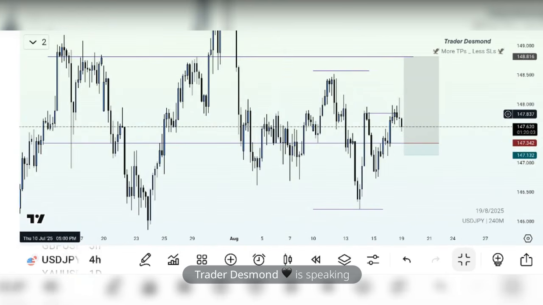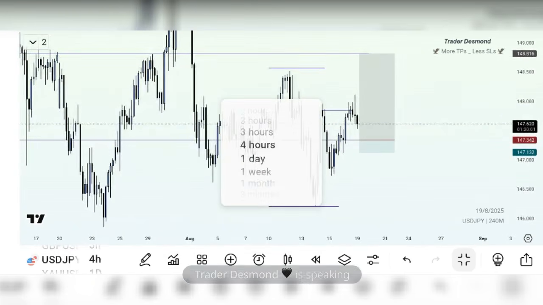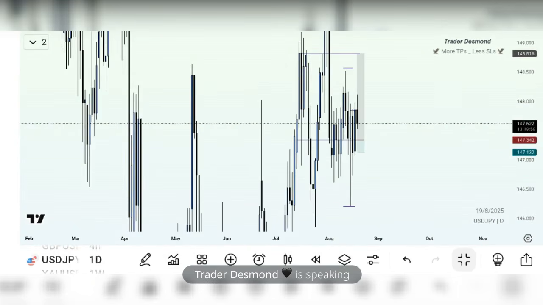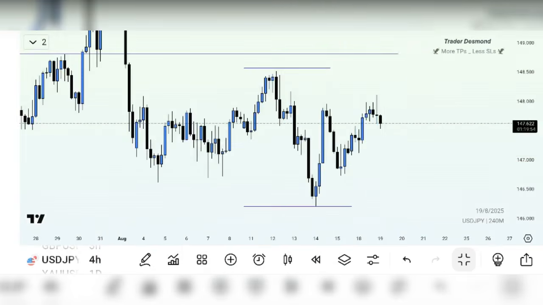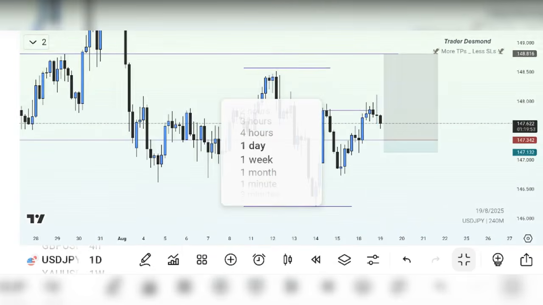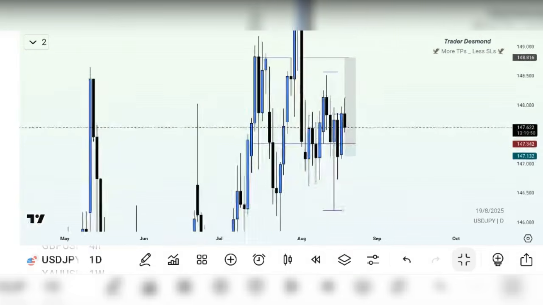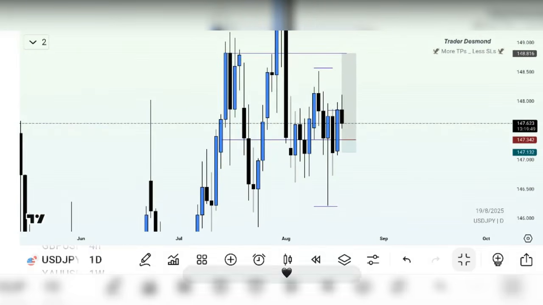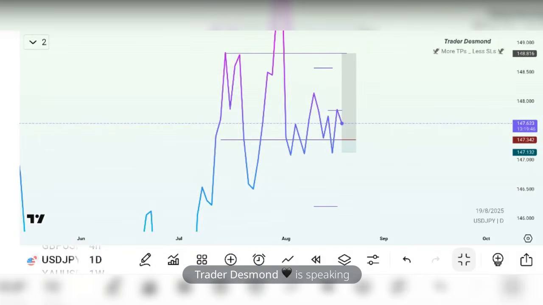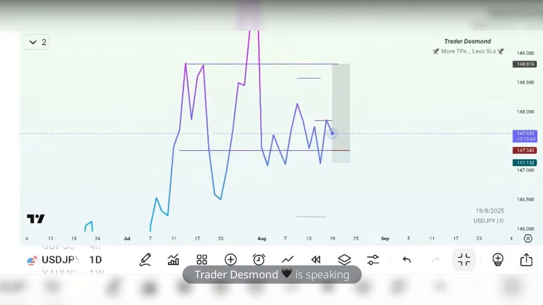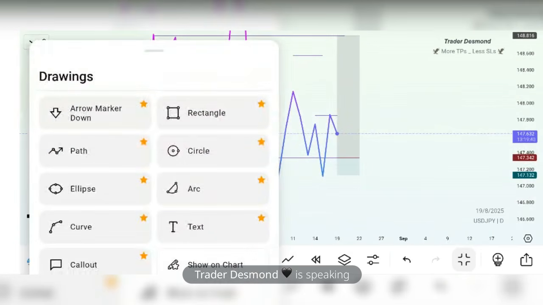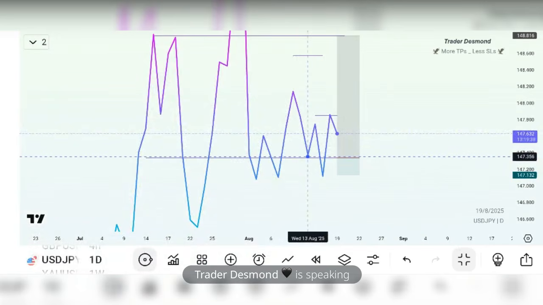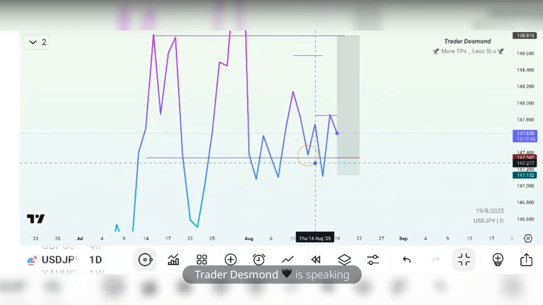Now, daily, let's see the previous daily candle. Let me go to the line chart. This is the QMR I picked as my level to trade from.